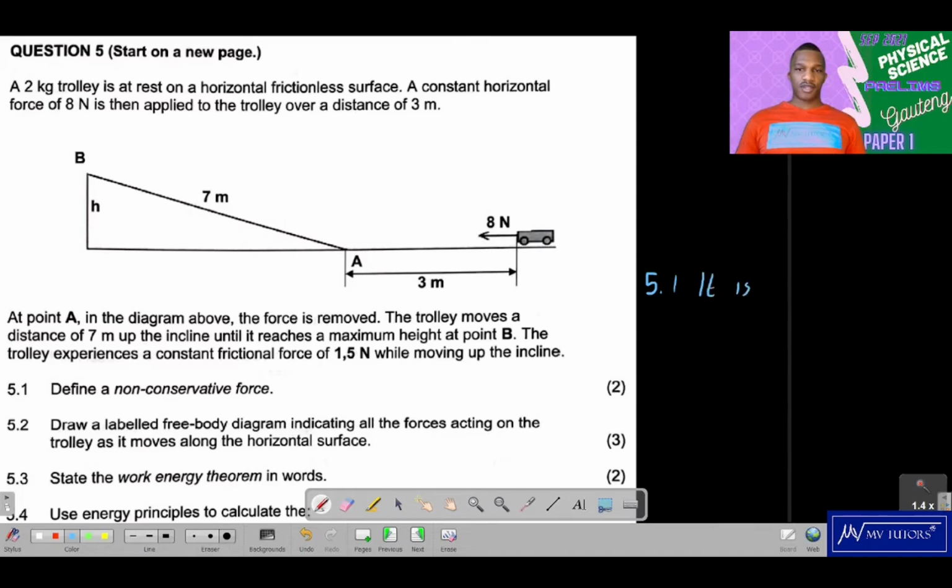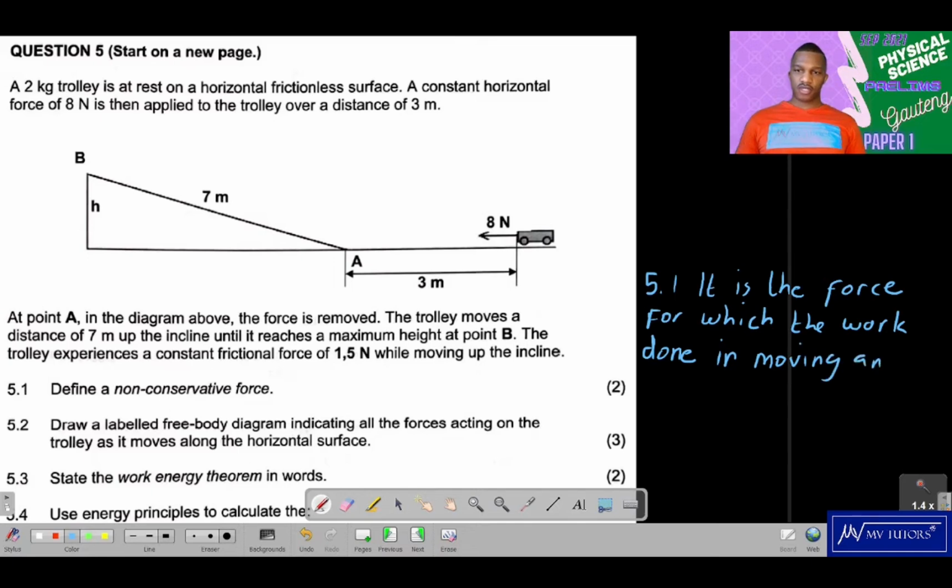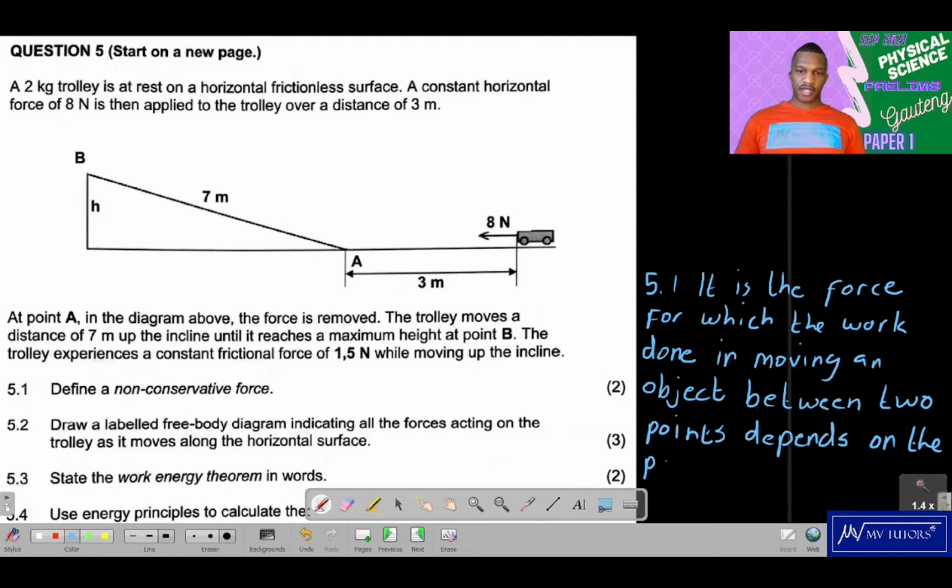Well, it is the force for which the work done in moving an object between 2 points depends on the path taken.